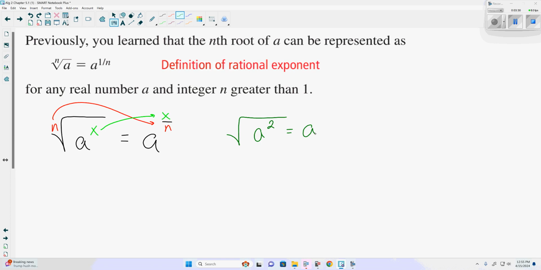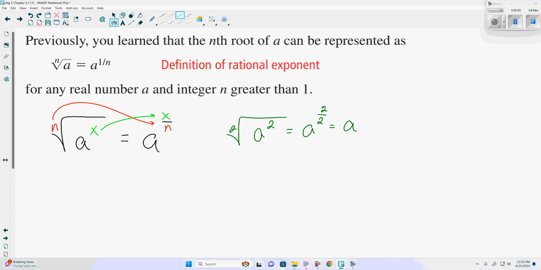Now if we write it as a fractional exponent, the root, our index, is 2. Even though we don't write it for square roots, it is 2, and it goes on the bottom. Our exponent inside is also 2, and it goes on top. Well, 2 over 2 is 1, so we just have a to the first or a.